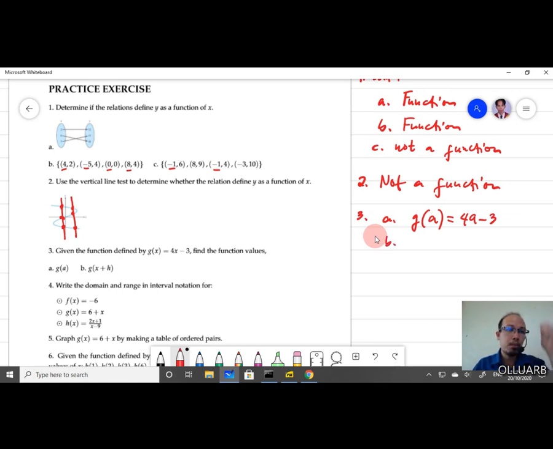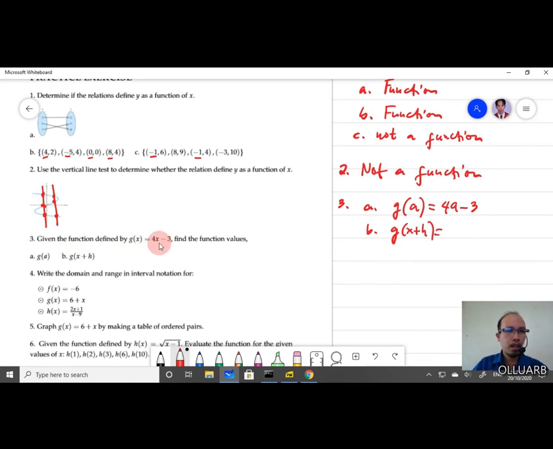For letter B, we have g of x plus h. So substitute, replace x by x plus h. So 4 times x plus h minus 3. Simplify, we have 4x plus 4h minus 3. Okay, so that's problem number 3.